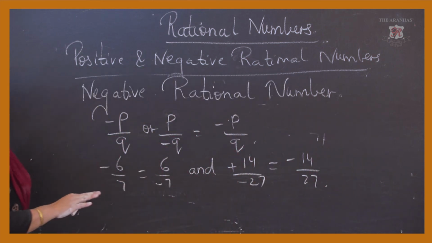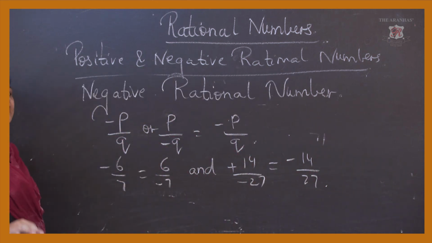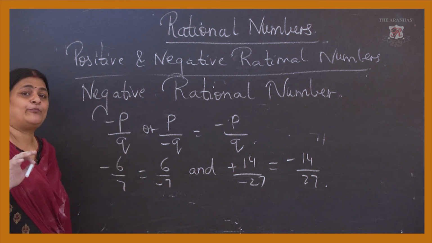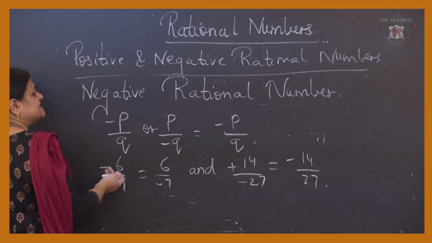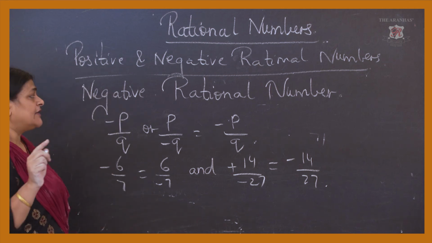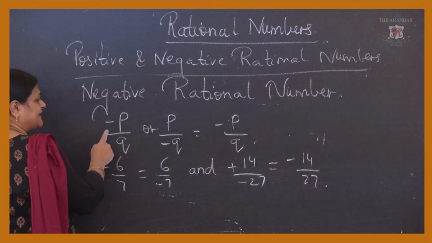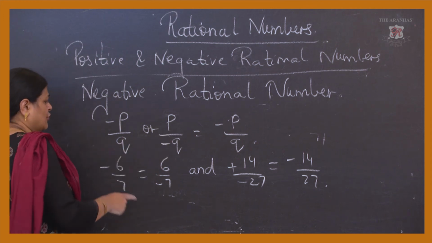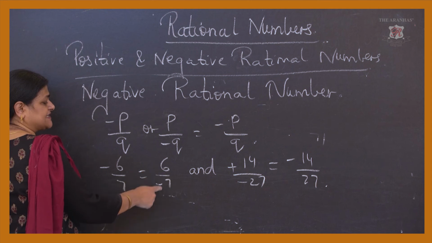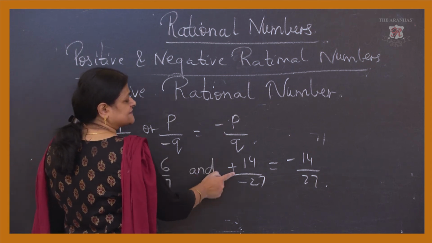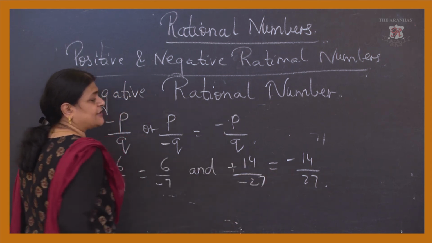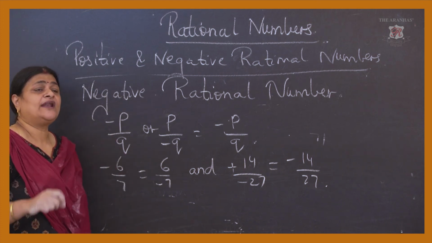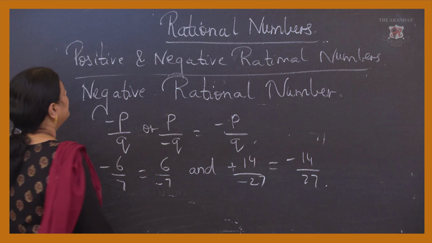So these all are negative rational numbers. The earlier ones were all positive rational numbers; these all are negative rational numbers.